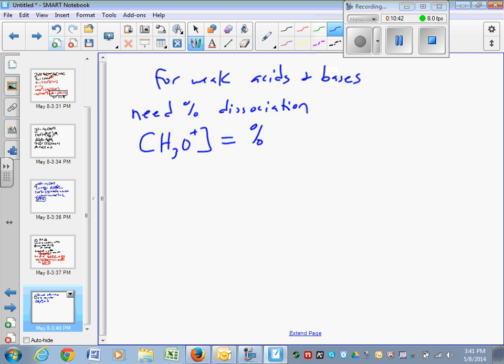So the concentration of hydronium ions is equal to the percent as a decimal times the number of H's times the molarity. And then the problem is the same as it was before.